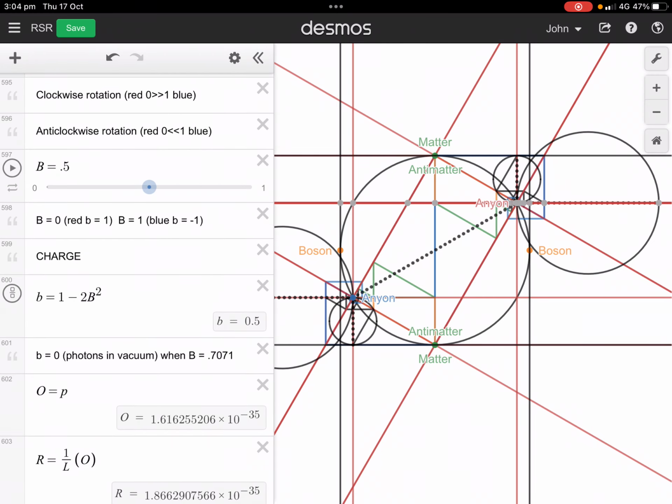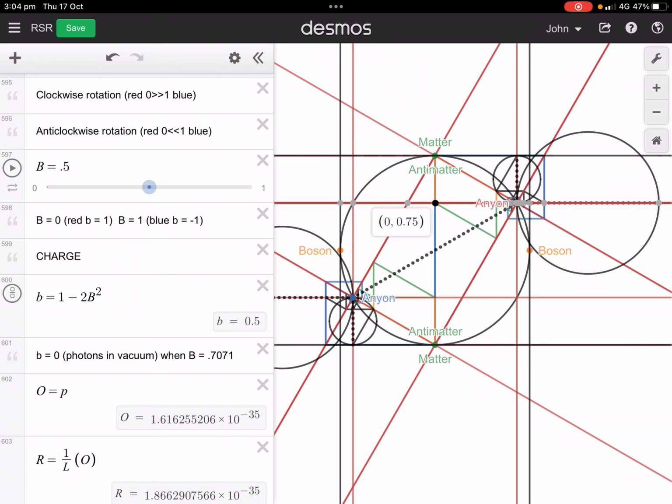It's 0.5. Okay, so anyons can have any charge. They can't exist in the three-dimensional world, but they can exist in a two-dimensional world. And unlike matter, protons and electrons, they can have a partial, non-integer charge.